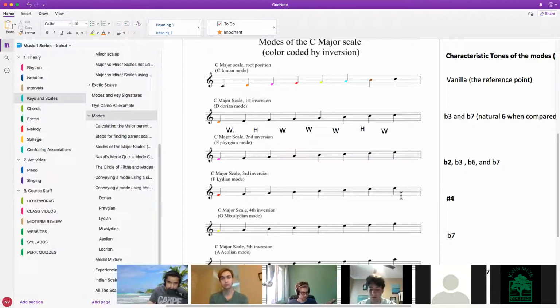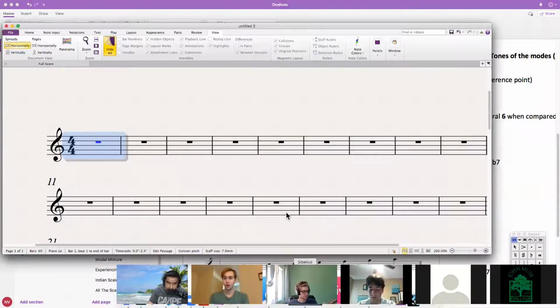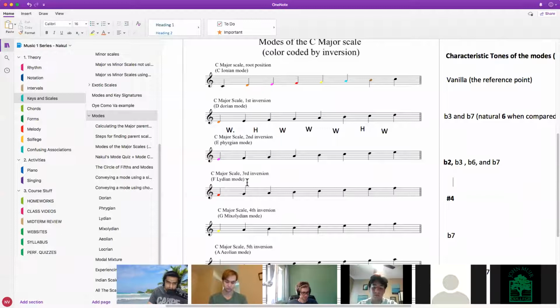So the sharp 4 scale degree manifests in so many different areas. In The Simpsons, it has that Lydian sound. It's very expansive sounding. Funny story, the composer Prokofiev didn't know about key signatures and all this stuff when he was a little kid.